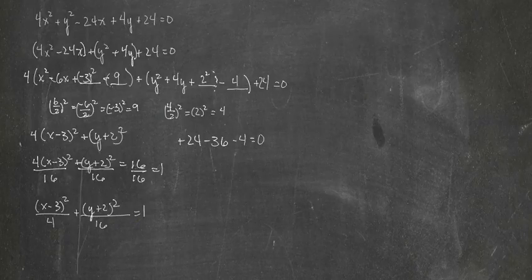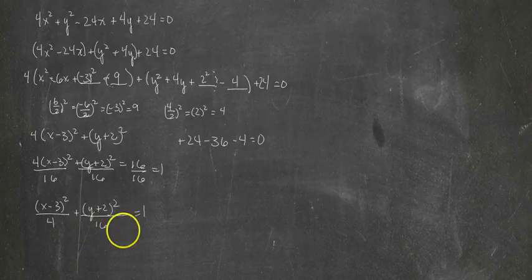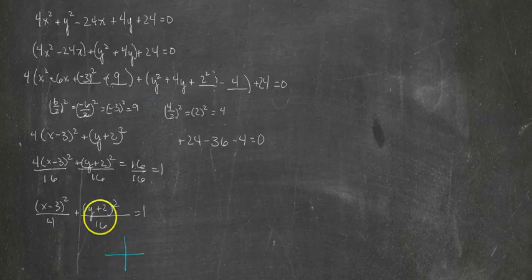So something to notice, unlike my previous graph, my bigger denominator is actually under my y value. And that's important when you're graphing conics, because whichever one has the biggest denominator becomes the major axis.